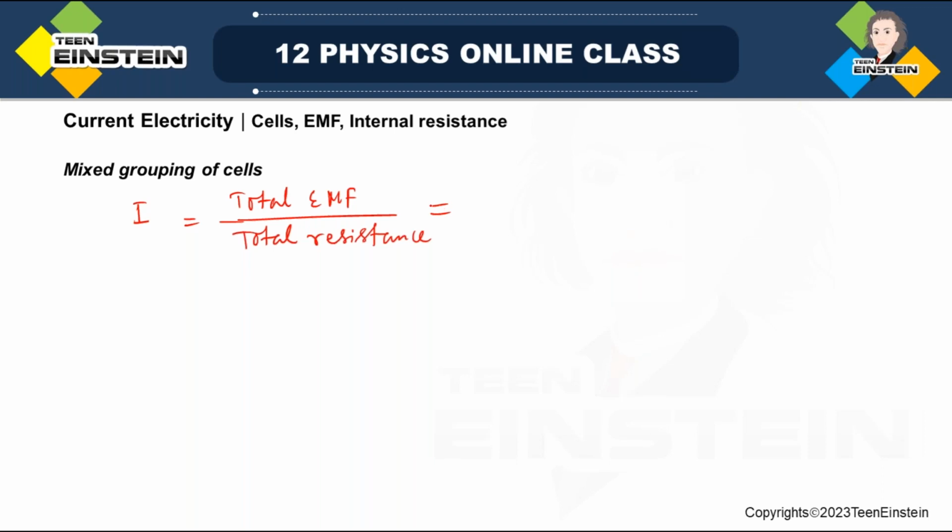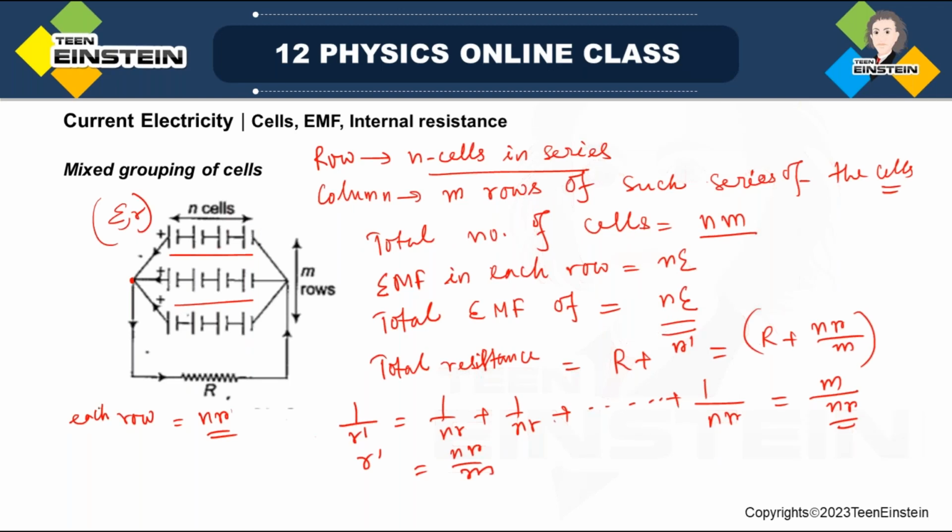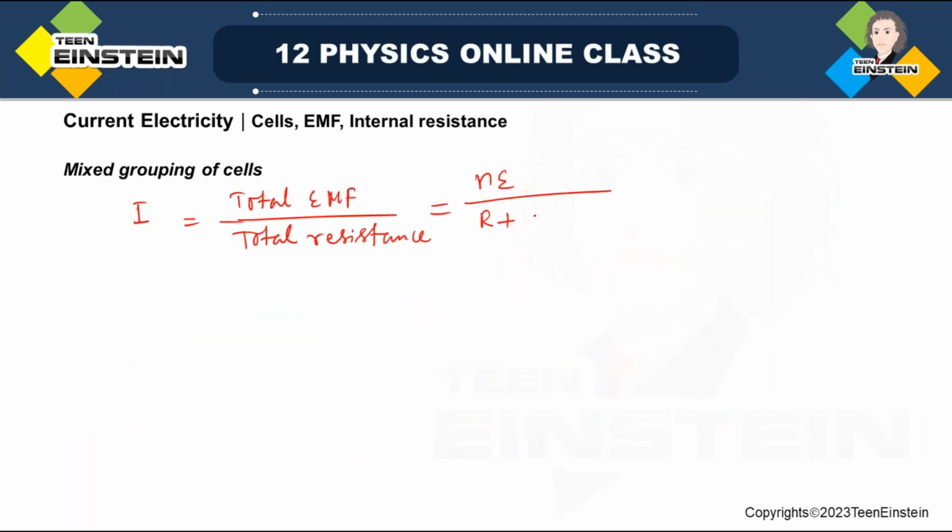Total EMF is N into epsilon, and total resistance is R plus N r by M. Simplified, this is N epsilon over (m R plus n r) by m.